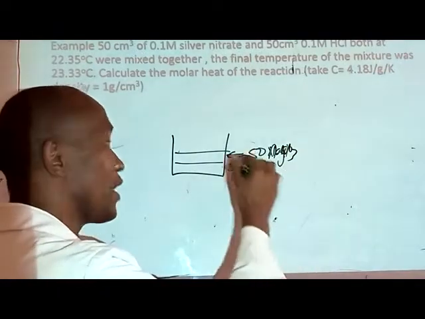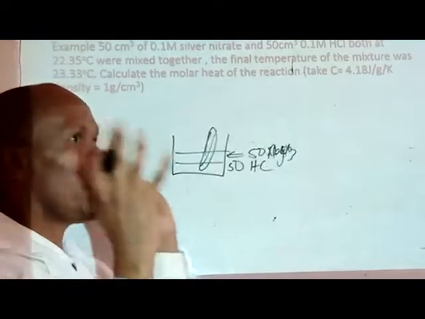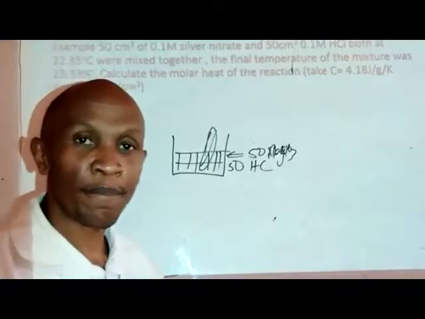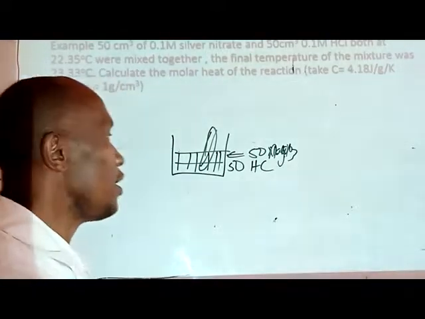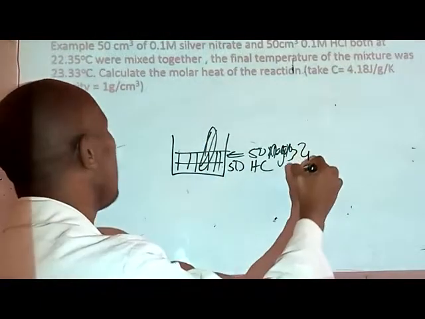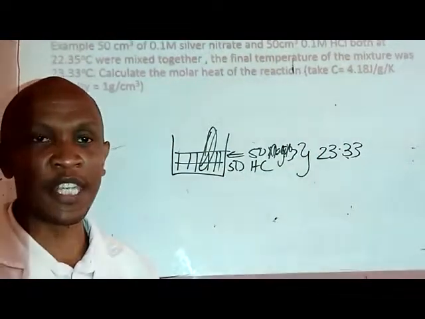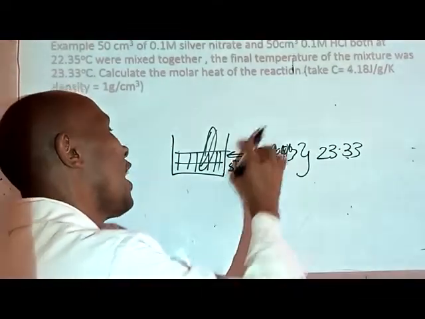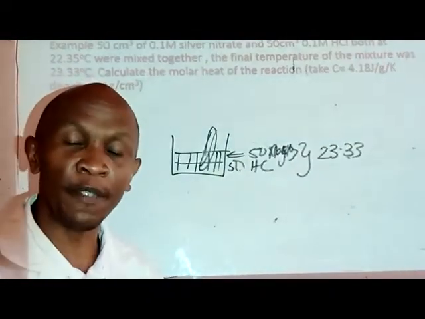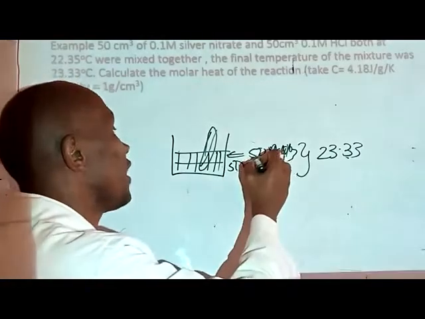So I mix them, and I'm measuring the temperature of that. So if there is a change in temperature, it is a change in temperature of the mixture. The 50 and 50 were initially at 22.5, then are finally at 23.33 degrees Celsius. So the 100 cubic centimeters is what is absorbing the heat.